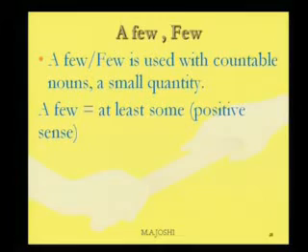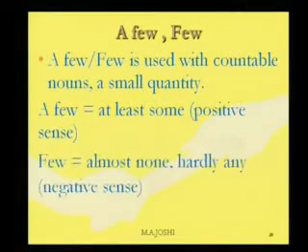A few means at least something, so there is some positive sense. When the article is removed, few, then it is almost none, hardly any, so the sense is negative.